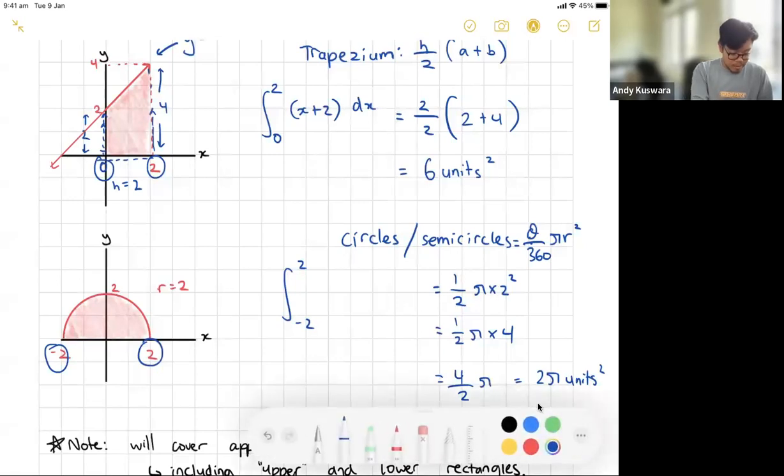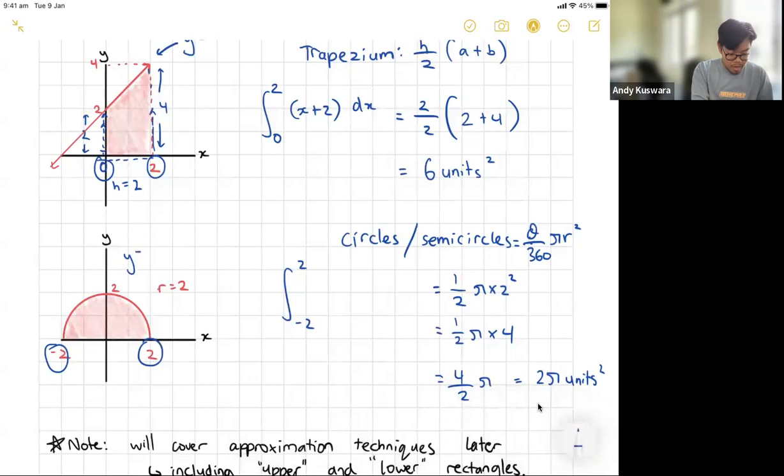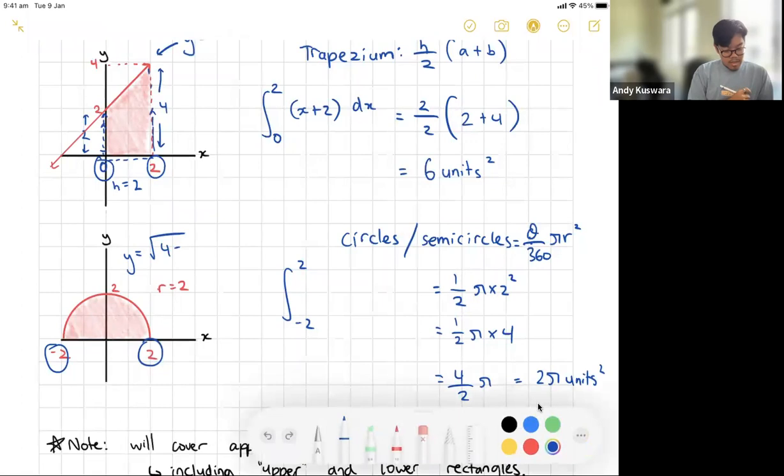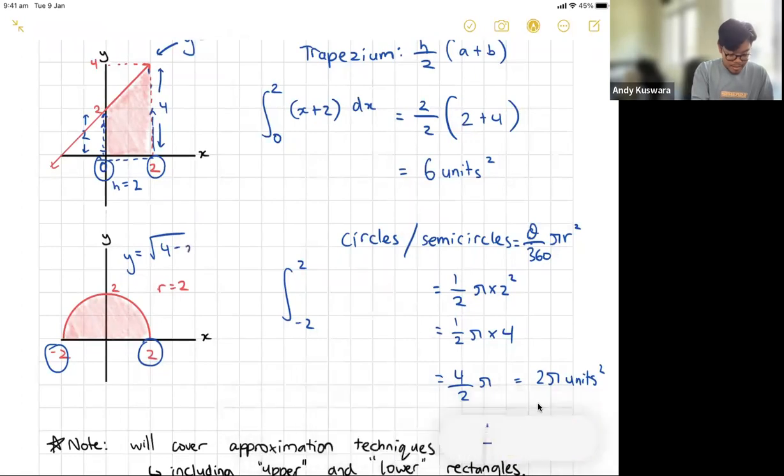I'm a little bit rusty from holidays, but y should be 4 take away x squared. I think that's it, that there would be the equation of that. So that's what we'd put here, square root of 4 take away x squared.